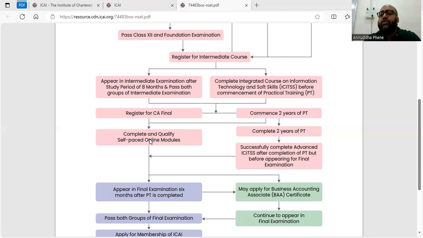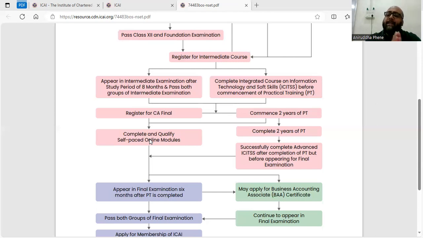But during those 2 years, after you register for CA final, after you clear CA intermediate, and before you complete your practical training, you have to complete 4 self-paced online modules. 2 subjects are costing and economic laws. The other 2 subjects will be electives that you can choose.